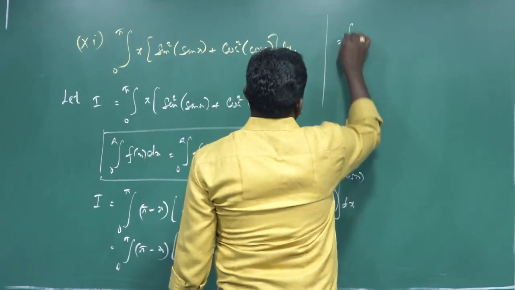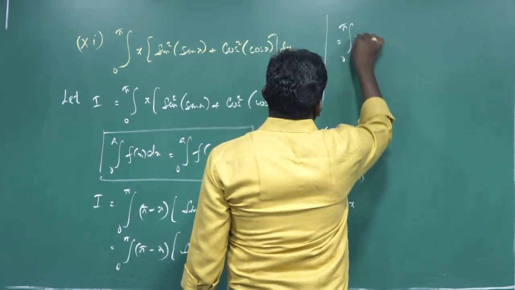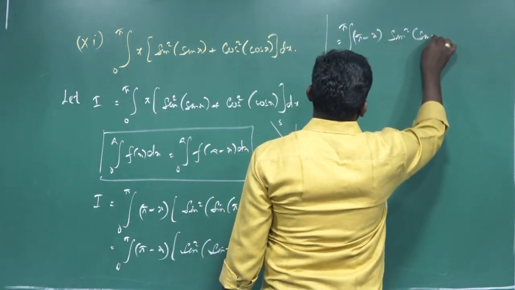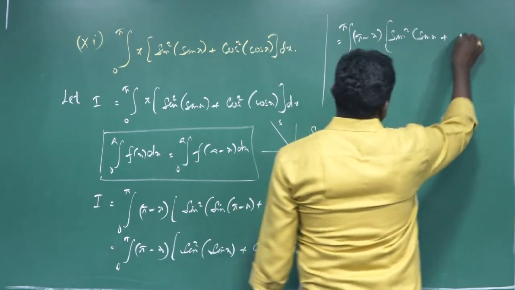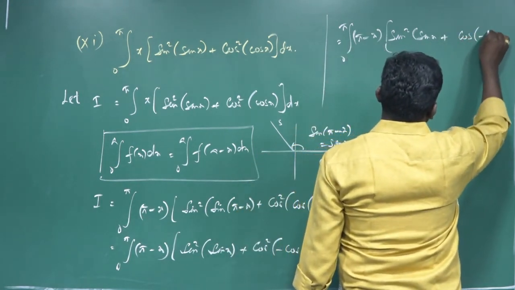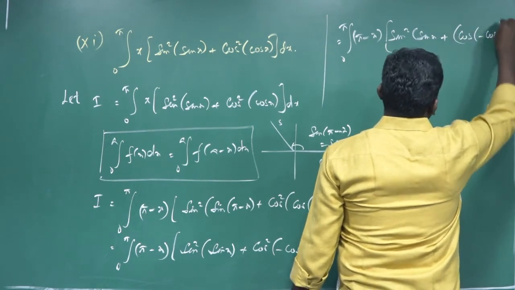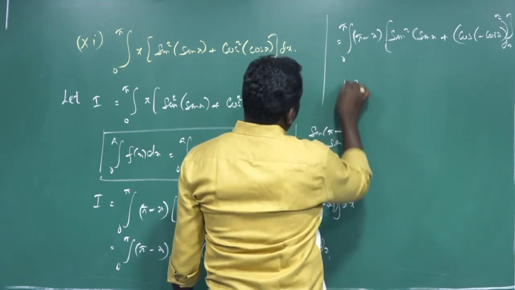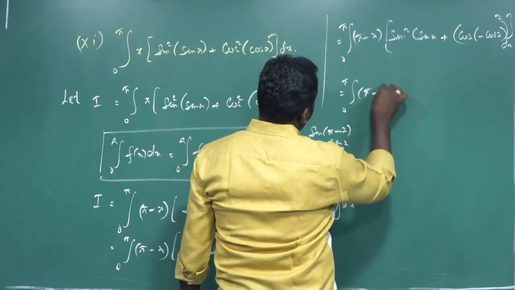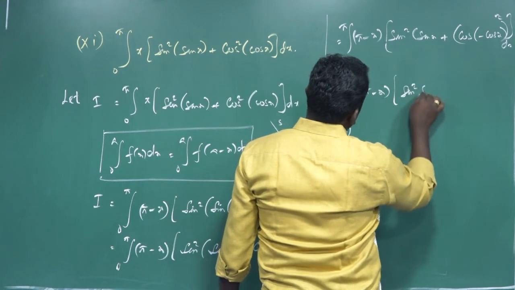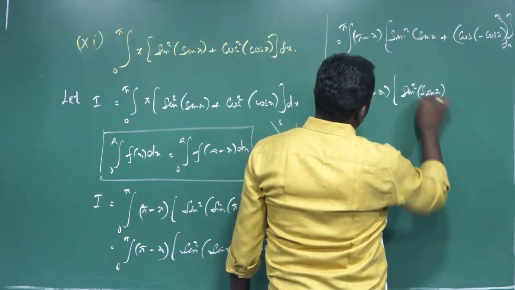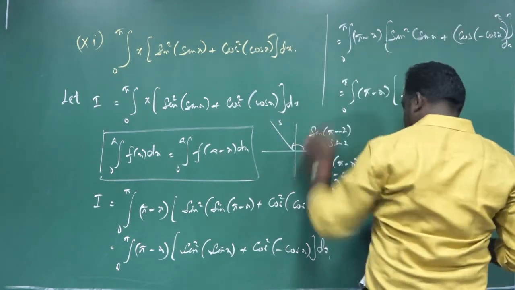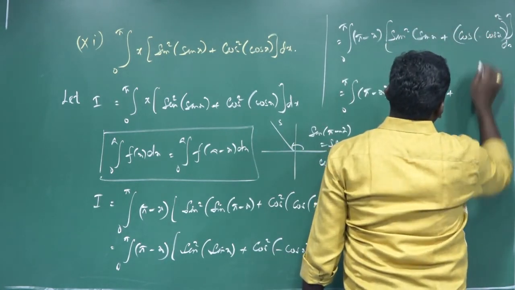That is equal to integral 0 to pi of pi minus x, within the bracket, sine square of sin x plus the square of minus cos x, and here minus cos x becomes plus cos x.